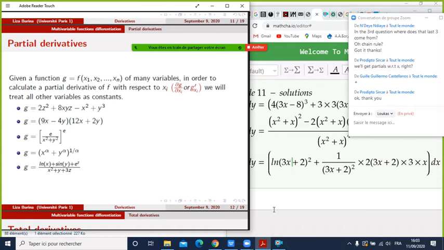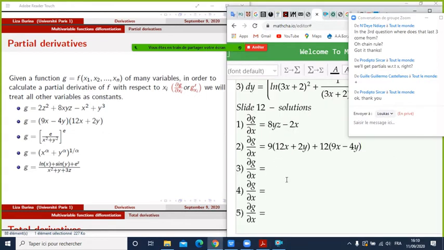For example, the second and the third are symmetrical, so it doesn't make much difference, and for the first we can actually calculate both, but for now let's do x with respect to x. So you're treating y as constant. Y for us is again just a constant.